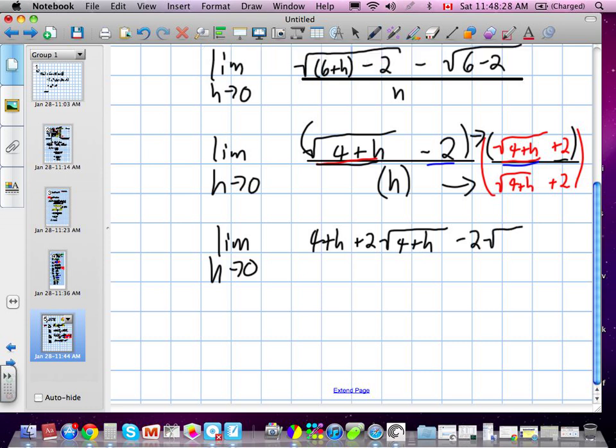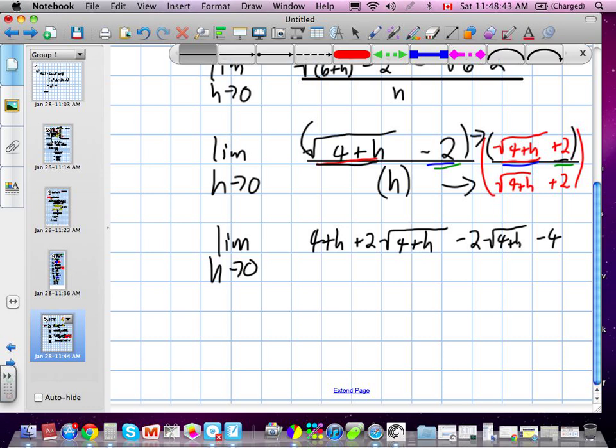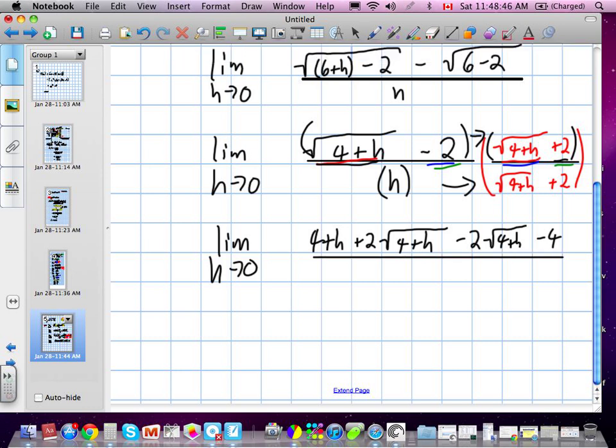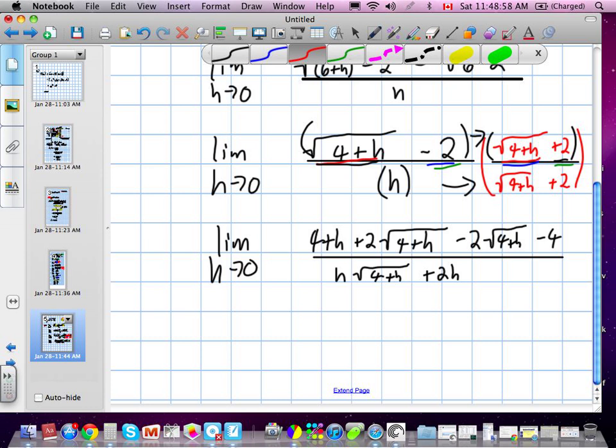The whole reason we multiplied is so we can cancel those. Finally, our last terms, negative 2 times positive 2, give us negative 4. Divided by h times root 4 plus h plus 2h. Up on top, these middle terms, positive 2 root 4 plus h and minus 2 root 4 plus h, cancel each other out.